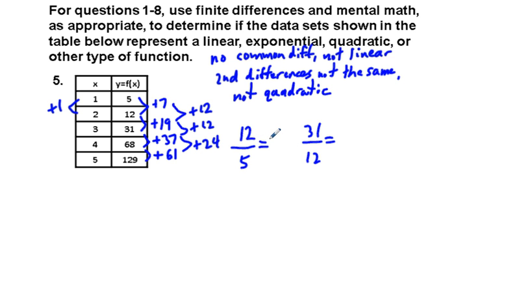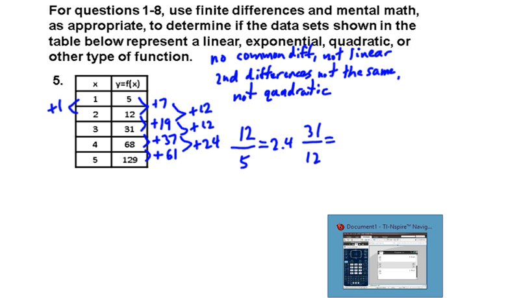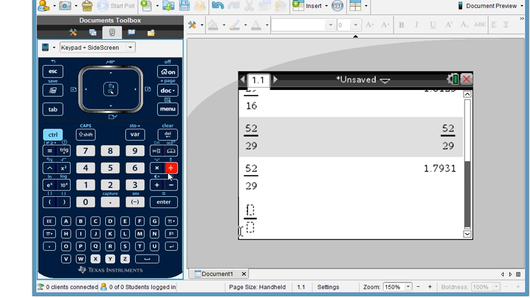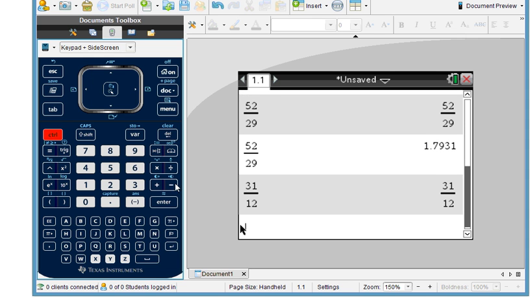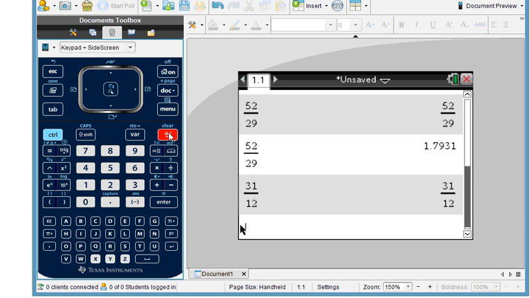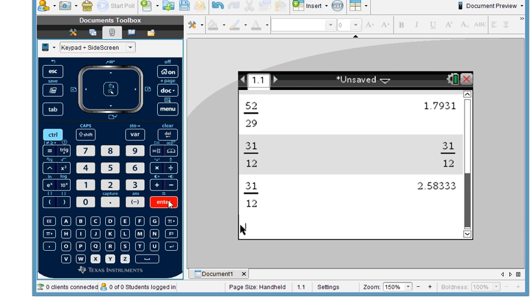Well, 12 over 5 is going to be 2.4. 31 over 12 is 2.58.